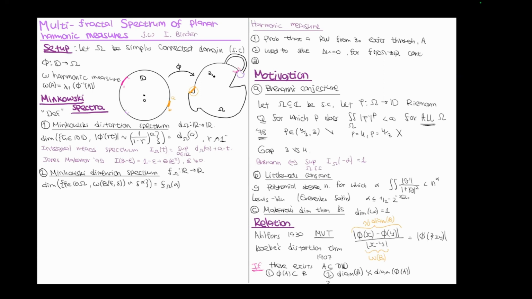And we also want that the harmonic measure of the disk will be captured by the length of the arc. If those 3 conditions hold, then this connection between the derivative at a point and the decay of the harmonic measure will be correct. Now, of course, the person who used this in the connection of the Minkowski distortion spectrum and the Minkowski dimension spectrum is Makarov in his work in '98, where he coined these expressions.